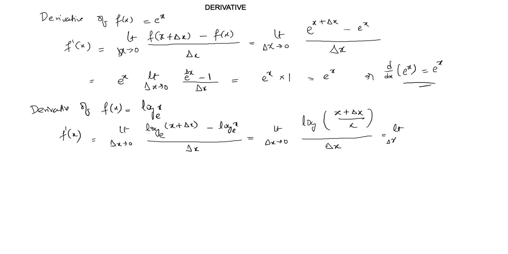Now when I further simplify this, the limit as delta x tends to 0, this will be log of 1 plus delta x by x, right, divided by delta x. Further let us simplify this.